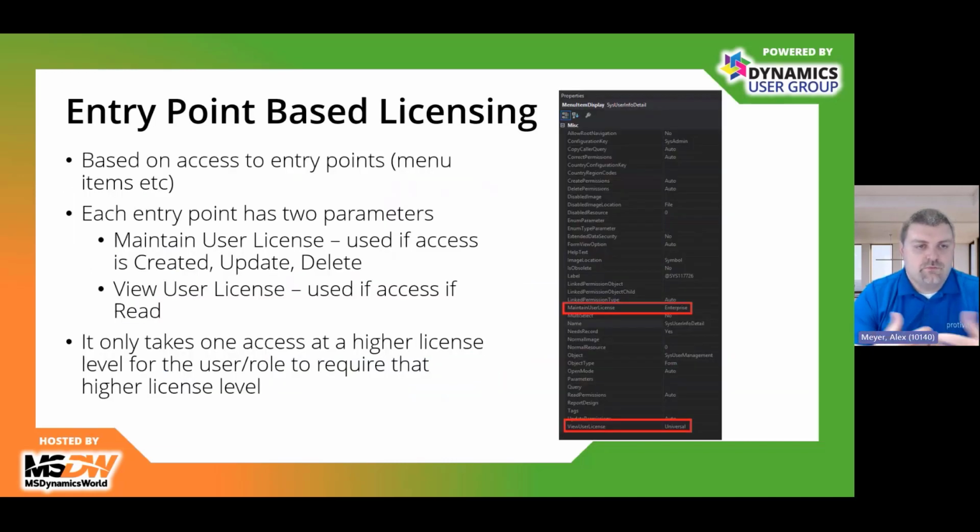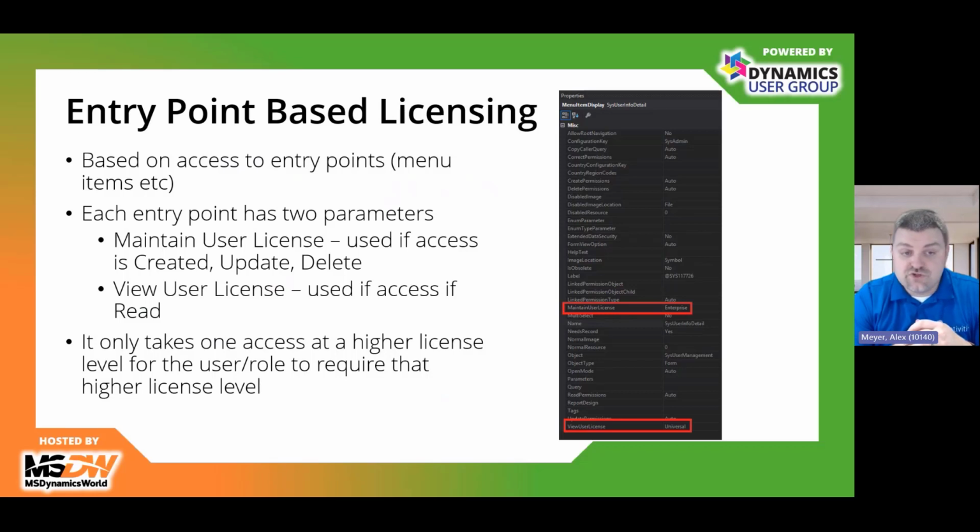So if we look at the actual methodologies themselves, the first type that we see is entry point based licensing. And if you've dealt with licensing in AX 2012, this is going to look very familiar. This is going to be based on the access to entry points that a user has. And when we talk about entry points, we're really just talking about menu items: menu items, displays, outputs, and actions.